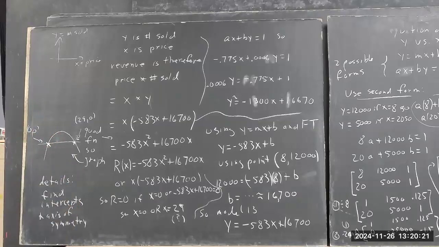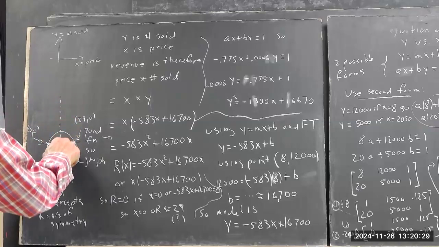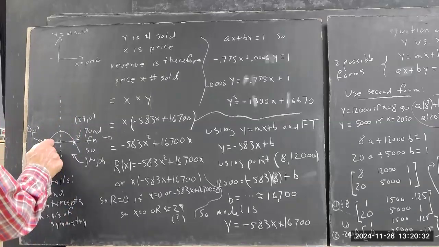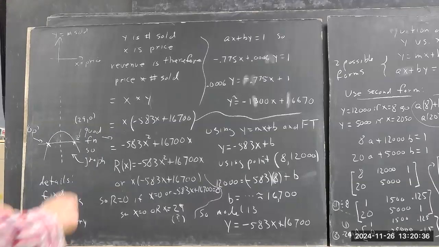What's the axis of symmetry? Well, the axis of symmetry cuts this graph right in half, which means it better be halfway between here and here. Okay.